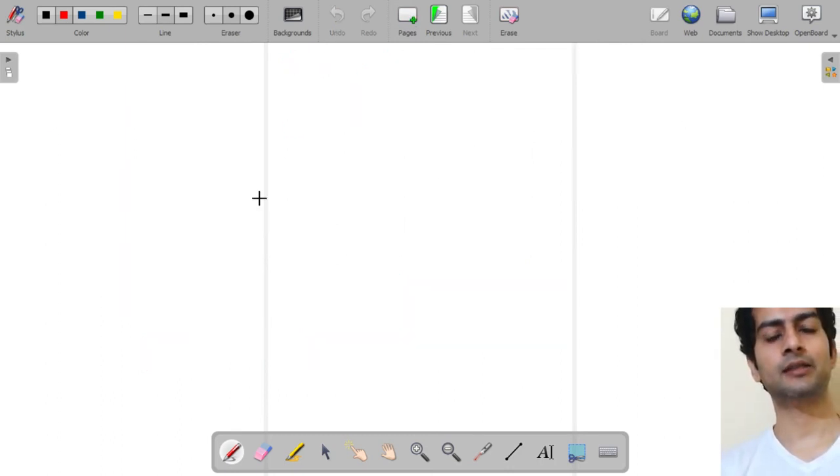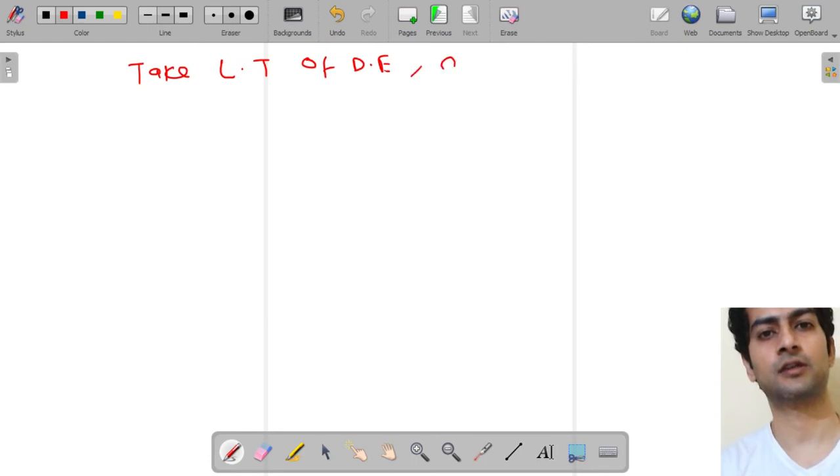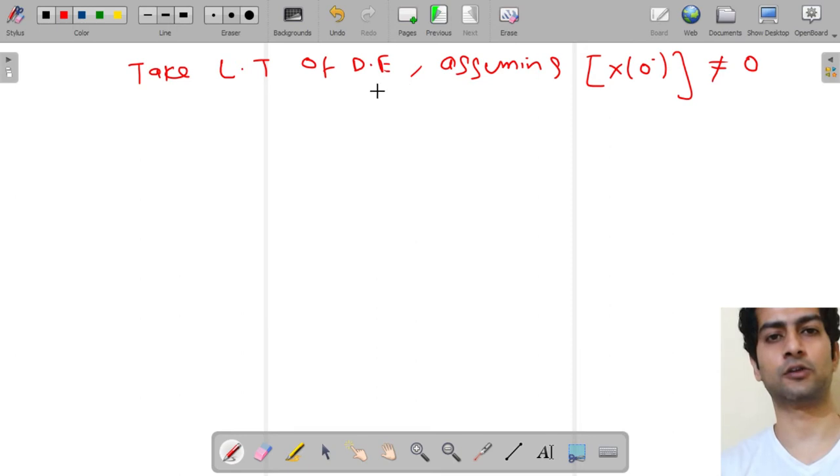Now take the Laplace transform of the differential equation, assuming the initial condition is not equal to 0.